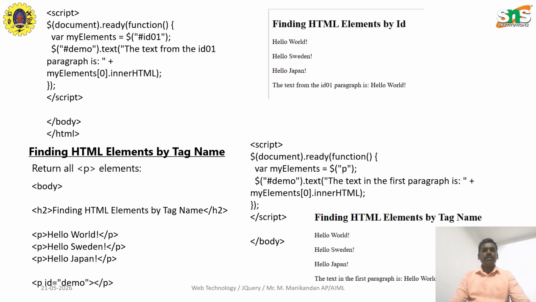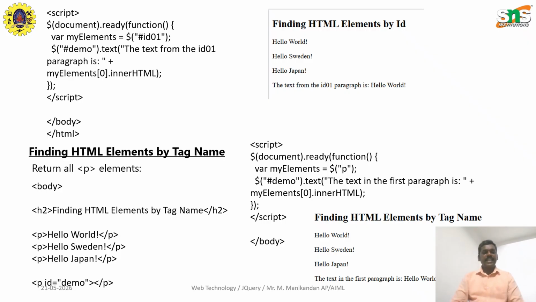The content will be displayed inside the last P tag, that is demo. So hello world will be displayed inside the demo P tag, and it is given as the output. We have three P tags, and the fourth P tag will get the content of the first one and display it inside the demo tag.